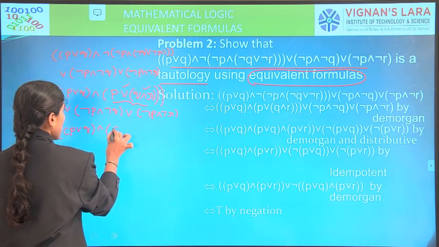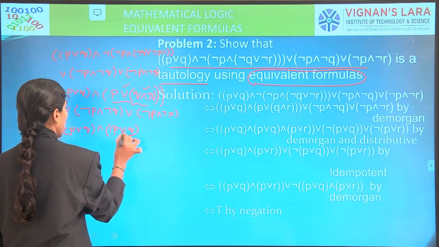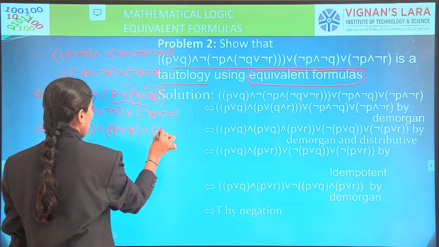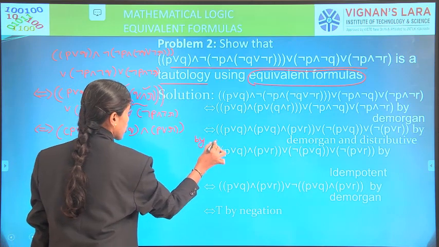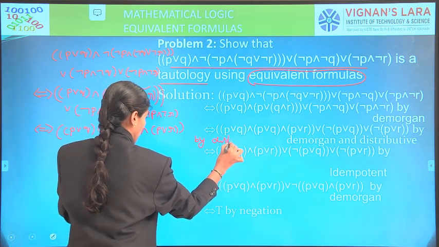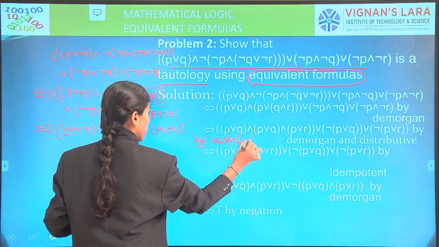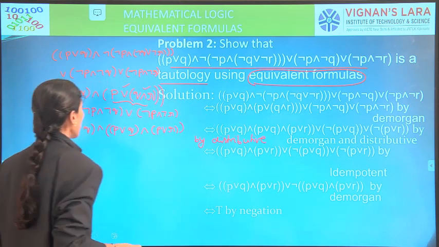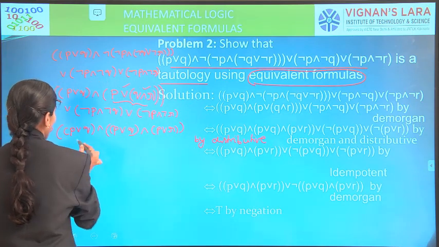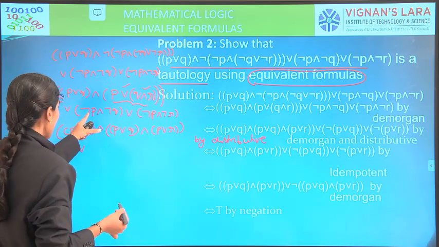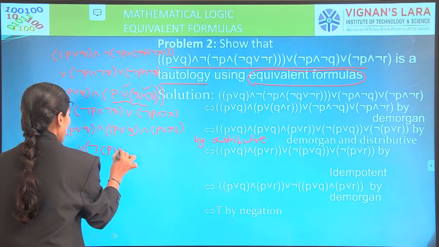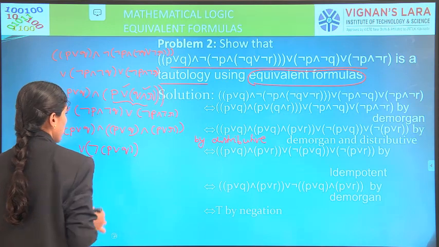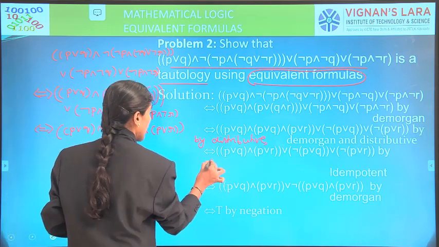It becomes PRQ and PRR by using the distributive formula. Right? So, take this negation outside here. Negation of PRQ. Which formula are we applying? De Morgan's law.